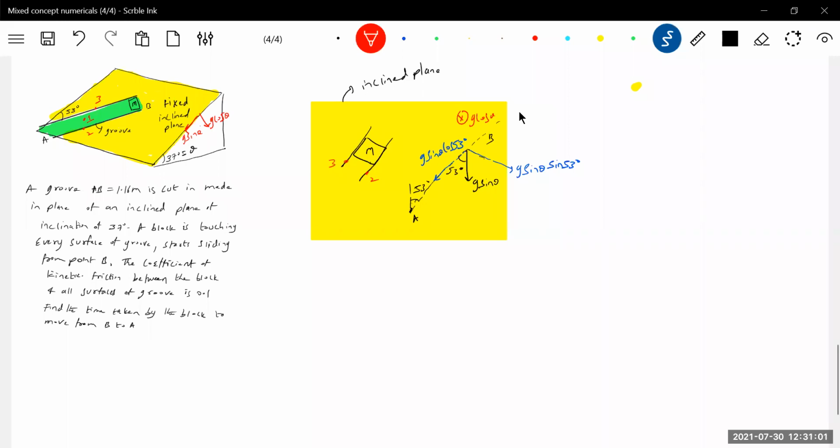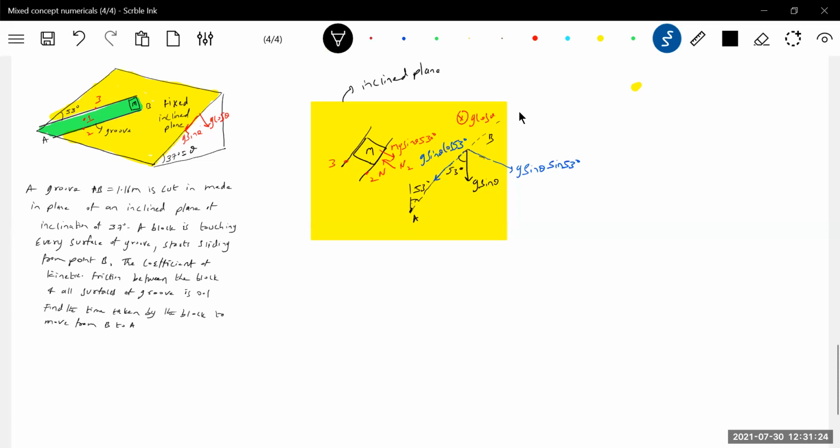So the normal contact will be like this, whereas mg sin theta sin 53 degrees will act in this direction. This normal contact I'll call n2.